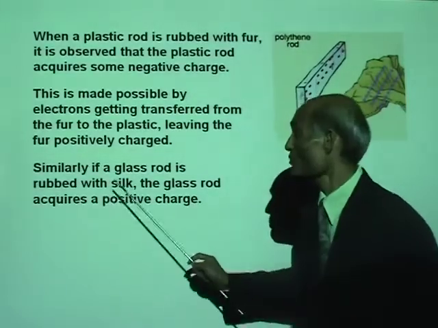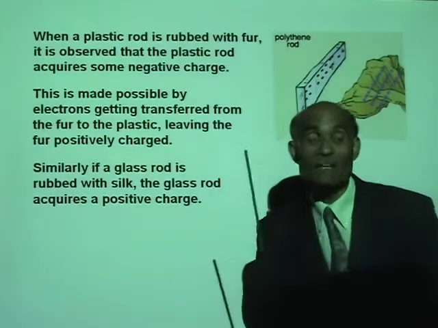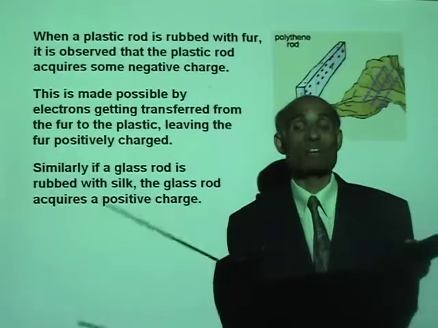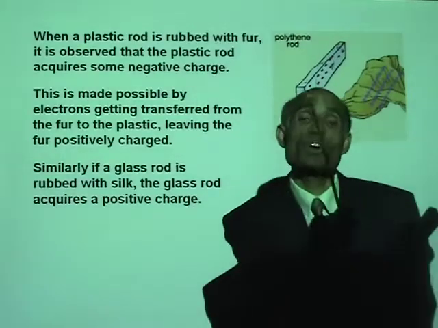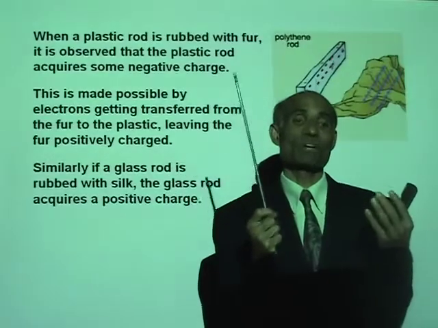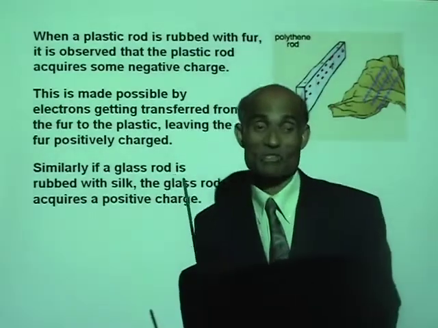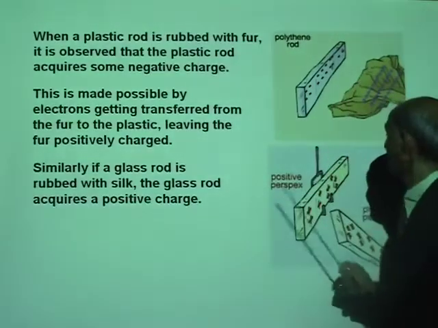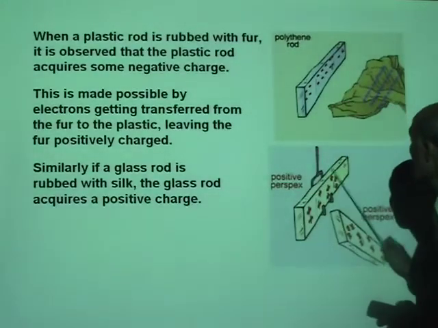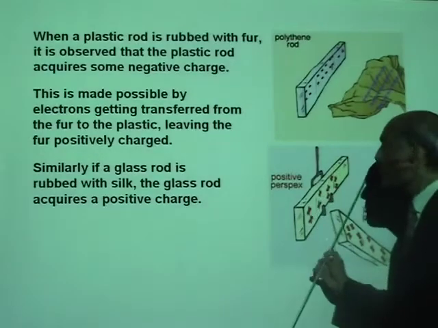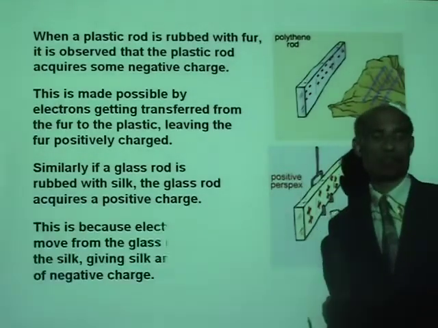Similarly, if a glass rod is rubbed with silk, what happens is the glass rod acquires positive charge. In other words, electrons from the glass rod will transfer to the silk. So the transfer of electrons depends on the nature of materials. So here I have a positively charged perspex. That means this is now missing some electrons.